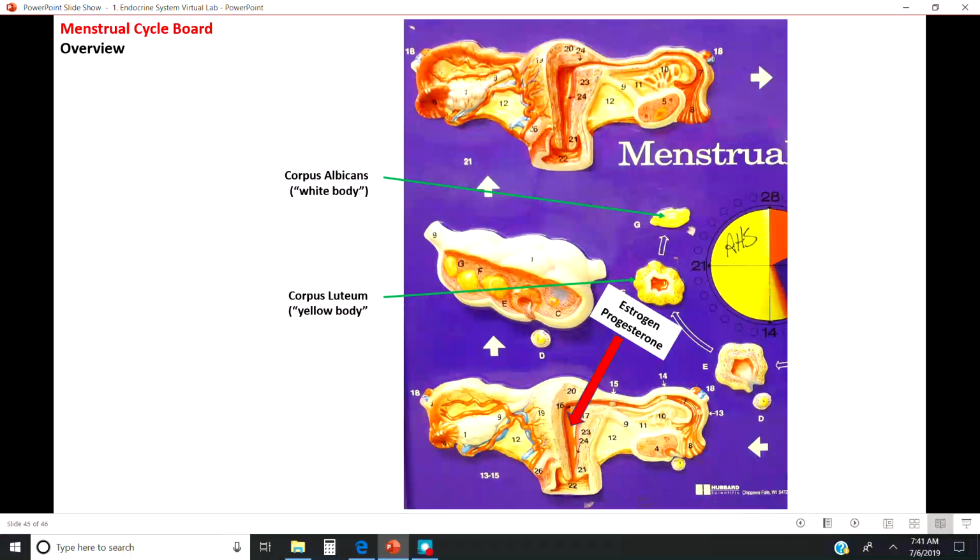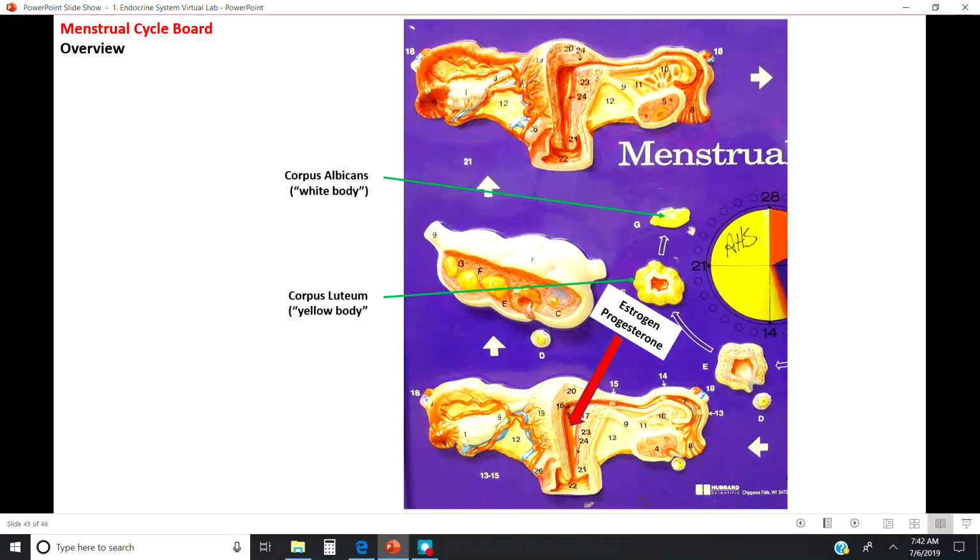Now, this corpus luteum will stay viable for at least 2 weeks. If pregnancy did occur, and conception did occur, and a zygote is formed, the zygote will send a message to the corpus luteum by a hormone known as HCG, human chorionic gonadotropin, and that tells the corpus luteum that there was conception, that we do have a zygote, and this will then continue to produce estrogen and progesterone until a placenta is formed.